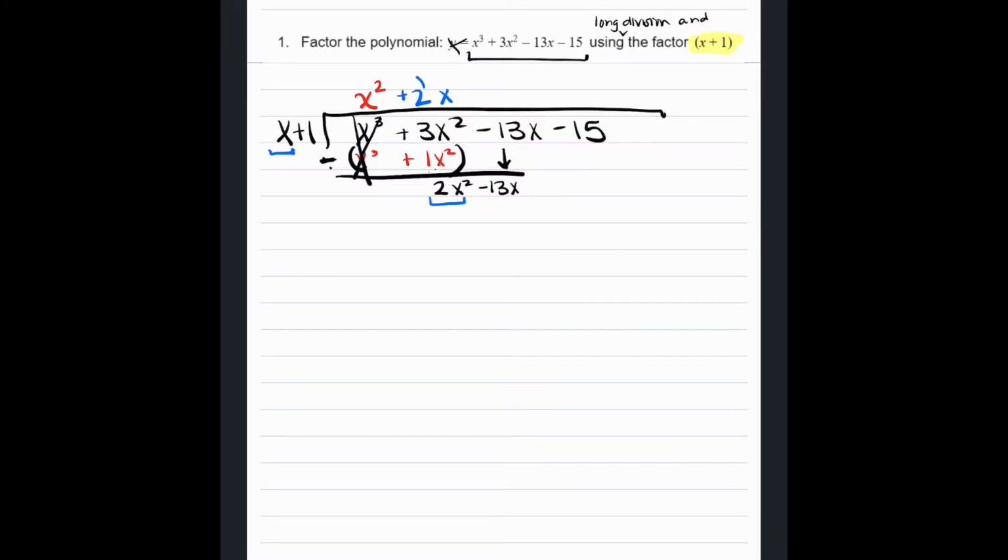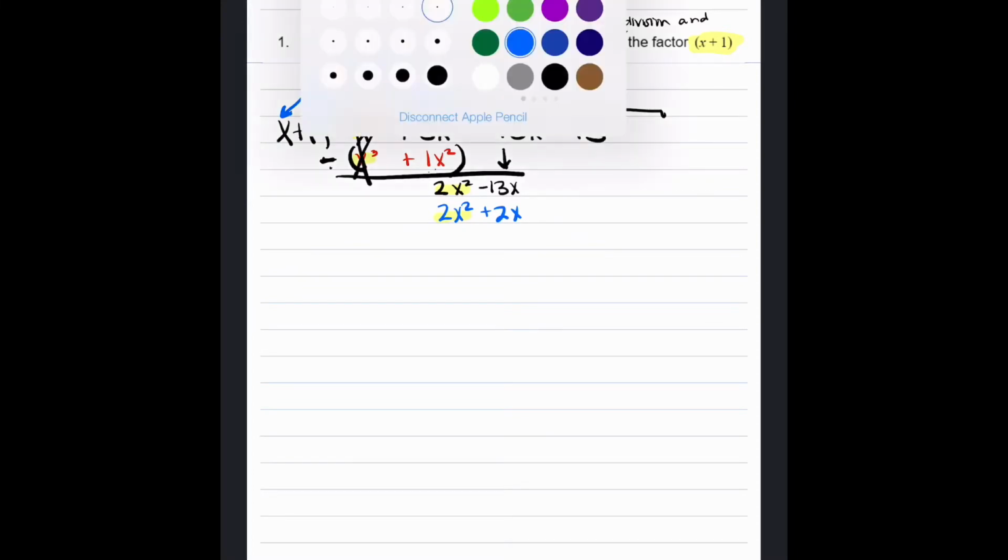Because 2x times x becomes 2x squared, and 2x times positive 1 becomes positive 2x. Remember, I just want my first terms to match. See how those 2x squareds matched, how the x to the thirds matched. The last terms do not have to match, just those first ones.